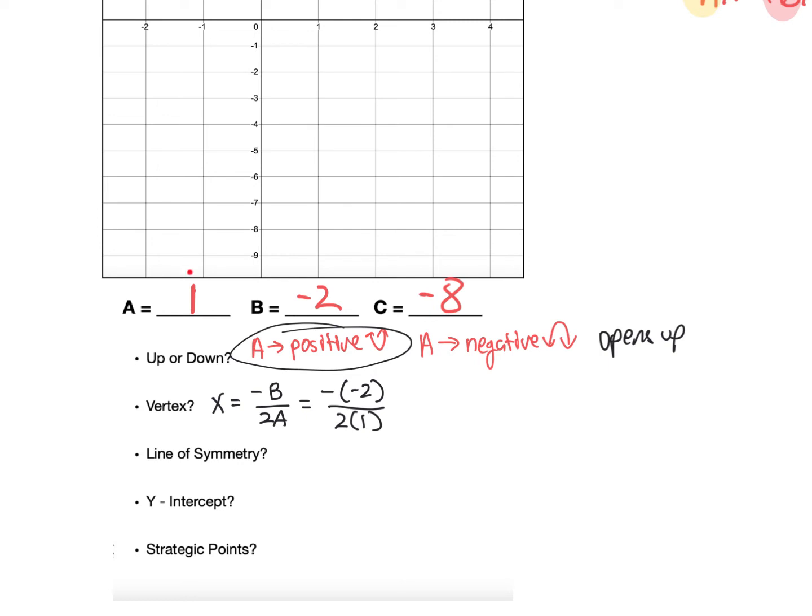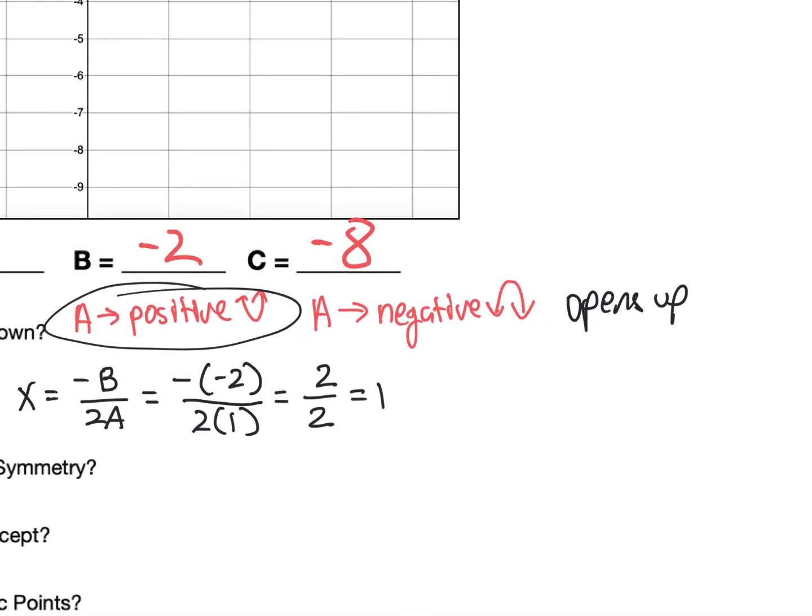Notice that the a is 1 right here. And so therefore, I clean that up, and I say the negative of -2 is going to be 2, all over 2, and that is going to be 1. So I know that this is going to be my x coordinate of my vertex.